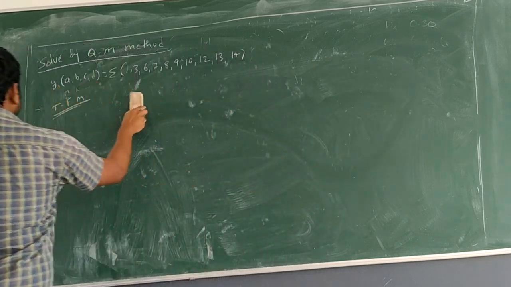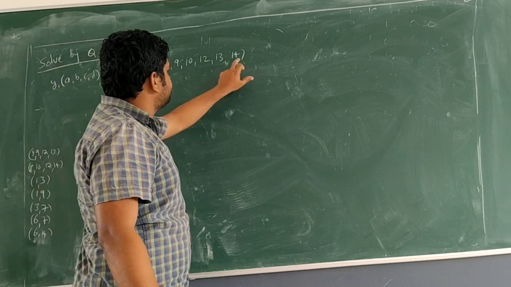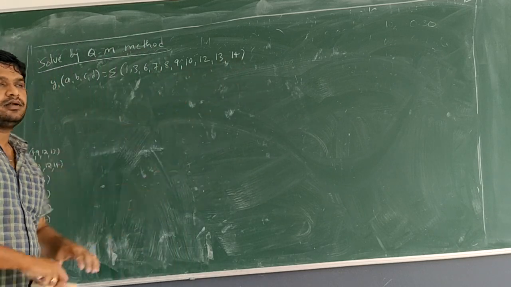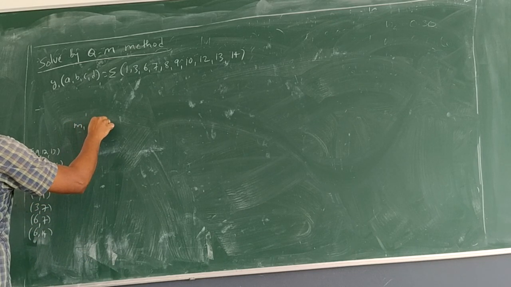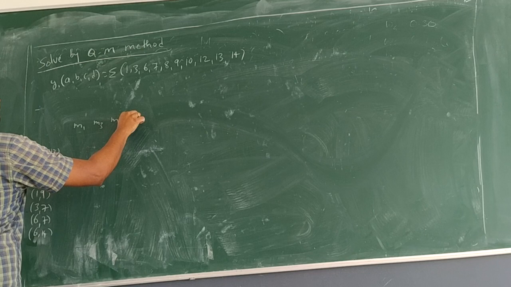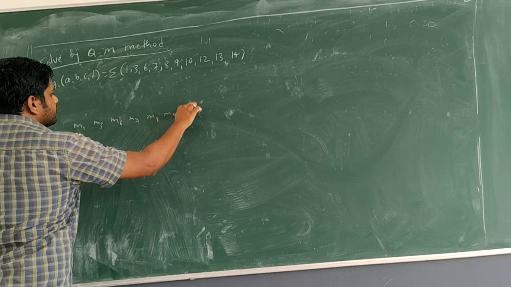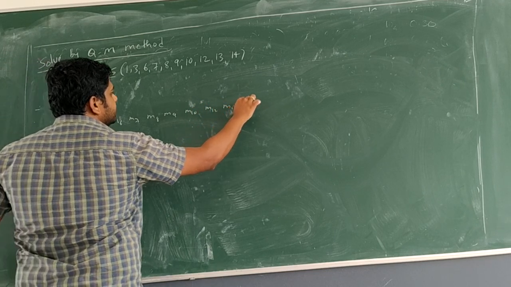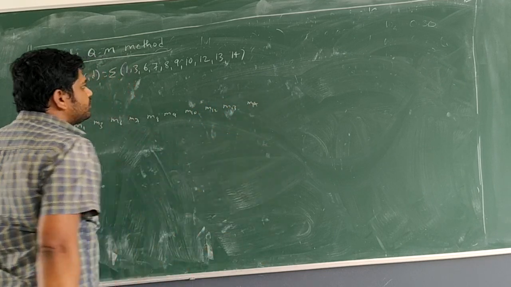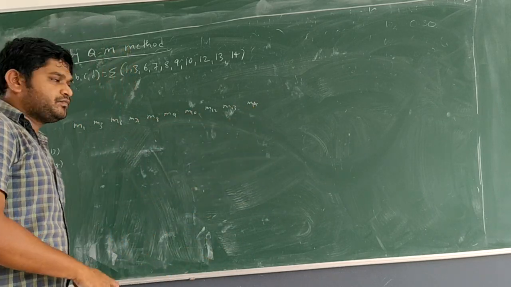table method. Okay. So now rewrite these columns in the top of the table. What is that? M1, M3, M6, M7, M8, M9, M10, M12, M13 and M14. Okay, fine.